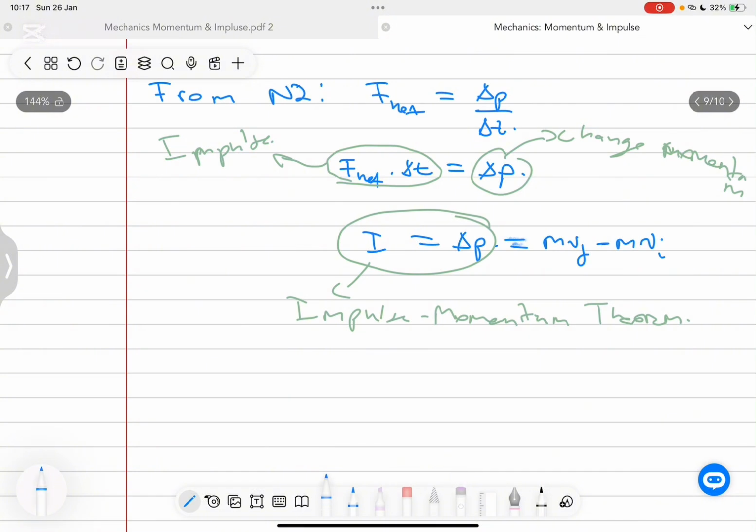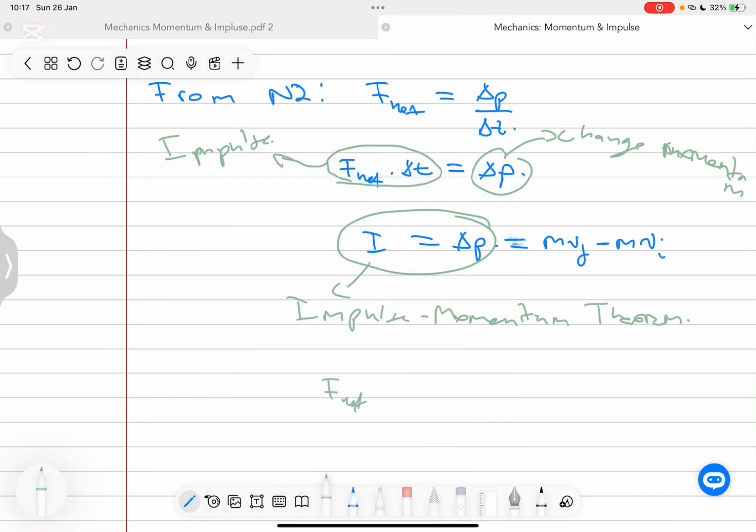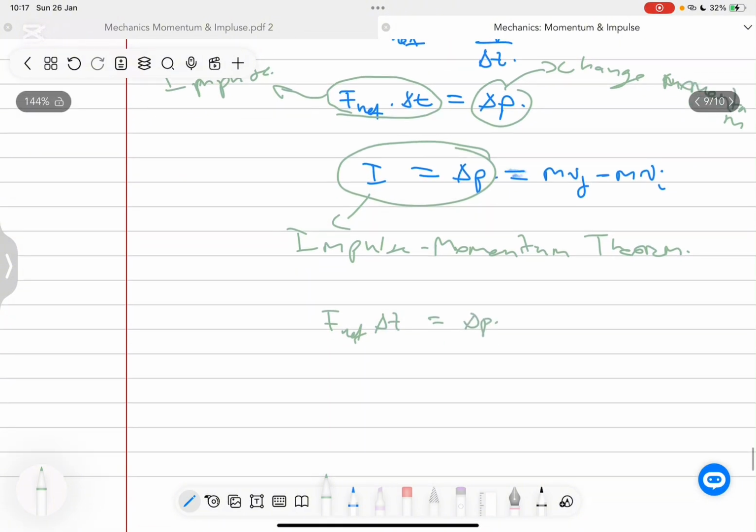The other thing that we need to observe from this theorem is that if we look at the SI units, say I rewrite this equation as the net force times change in time, and on this side I have the change in momentum, we can see that the net force will be measured in newtons and the time will be measured in seconds. But this side, the change in momentum, is measured in kilogram meters per second.